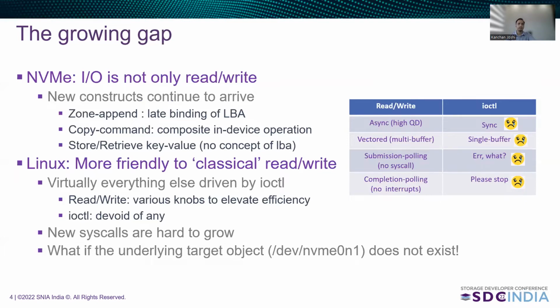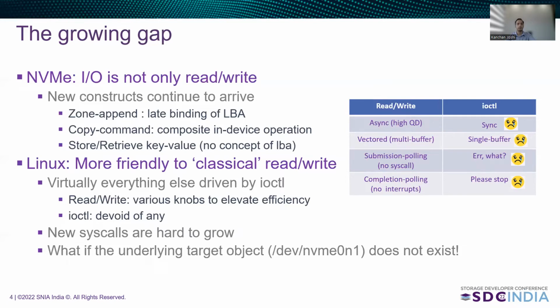Copy command, which is an in-device copy facility within a single namespace, requires multiple destination LBAs and one source LBA. We do not have any existing system call which can fit well with that. With KV, things get more radically different as the LBA concept itself vanishes and the host needs to speak keys and values.